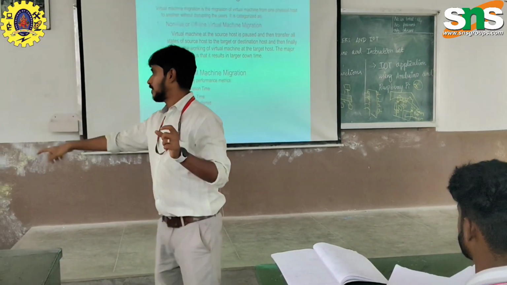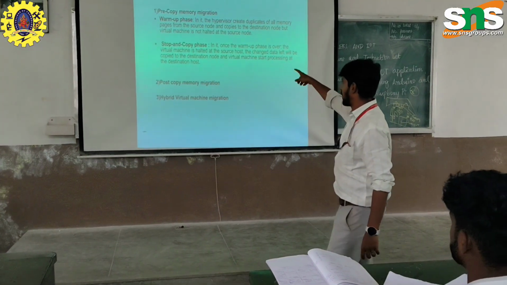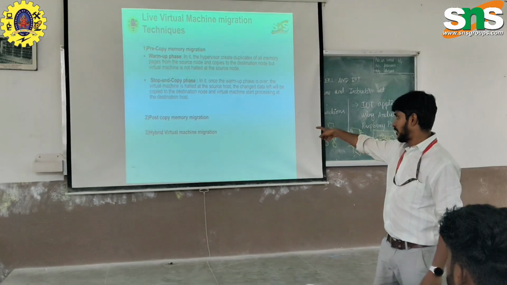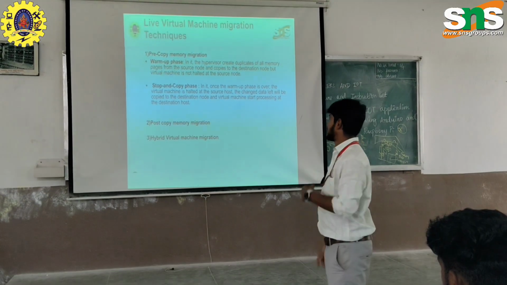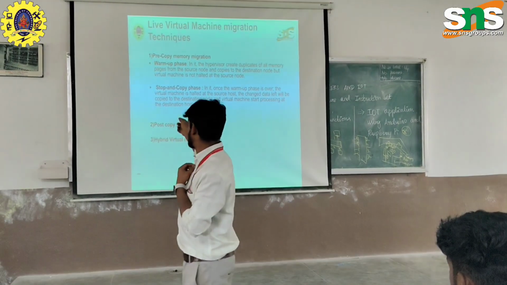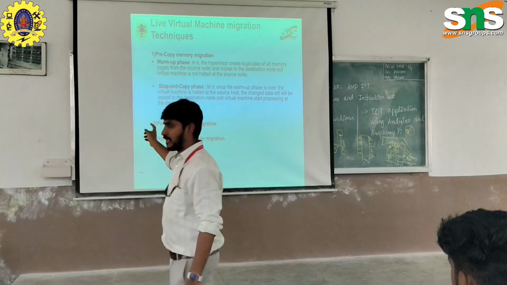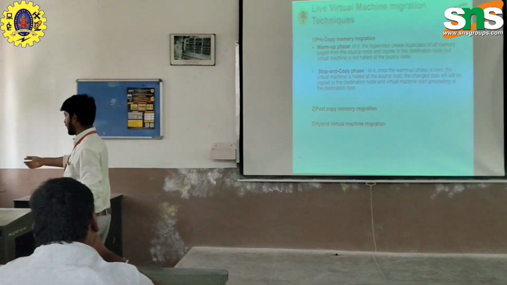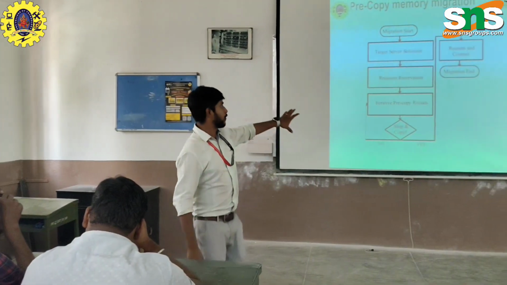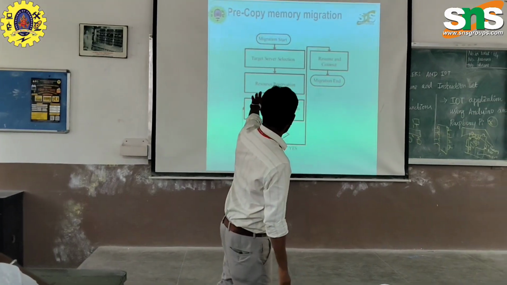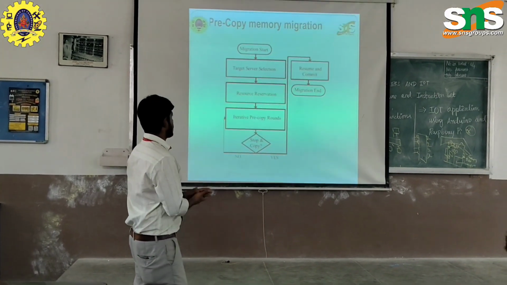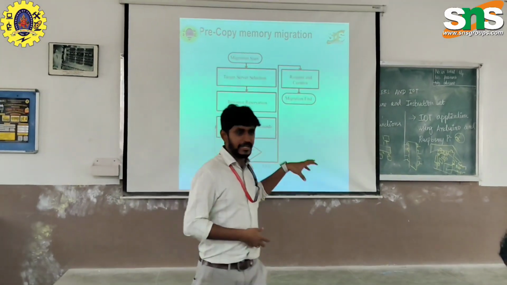Next slide. Here we have pre-copy migration, post-copy migration, and hybrid virtual migration as the different types of migration used in live virtual machine migration. This is about pre-copy migration; in pre-copy migration, we follow this kind of structure.